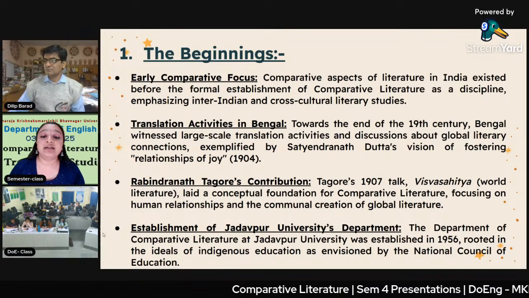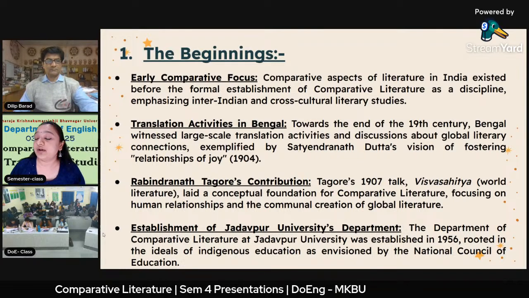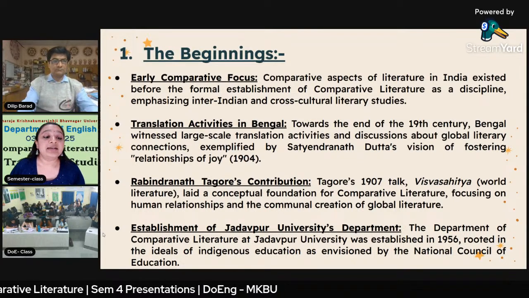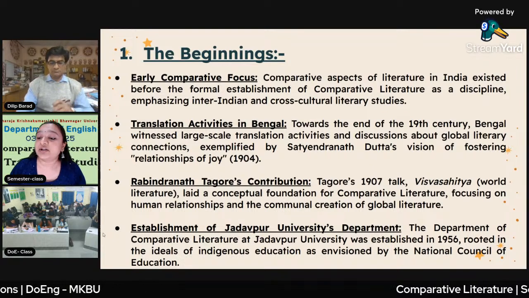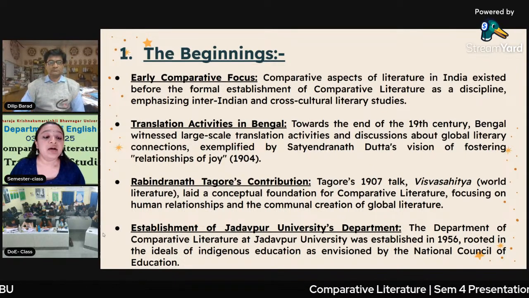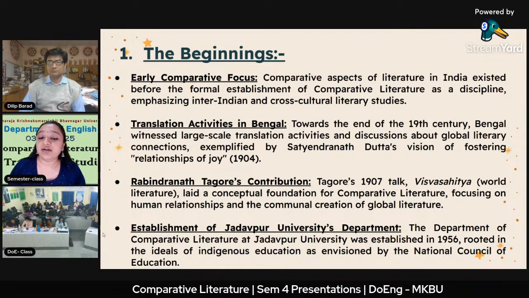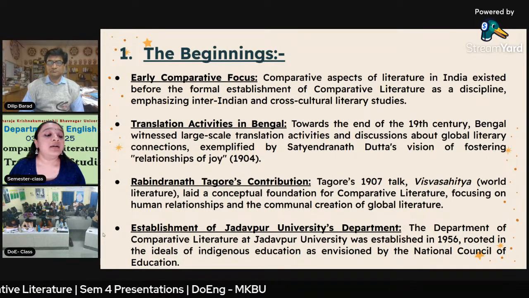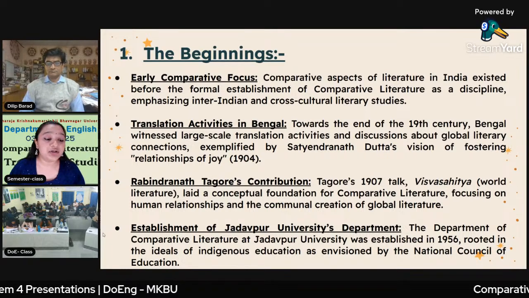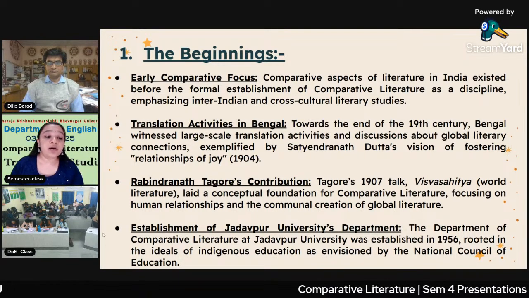Translation activities in Bengal: towards the end of the 19th century, Bengal witnessed large-scale translation activities and discussions about global literary connection, exemplified by Satyendranath Dutt's vision of fostering the relationships of joy, published in 1904.